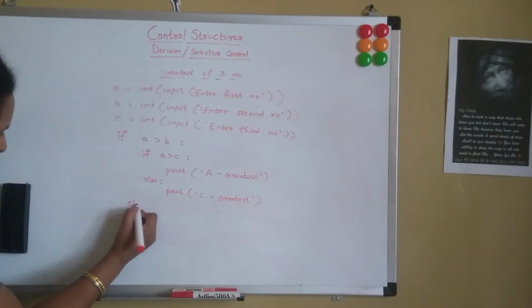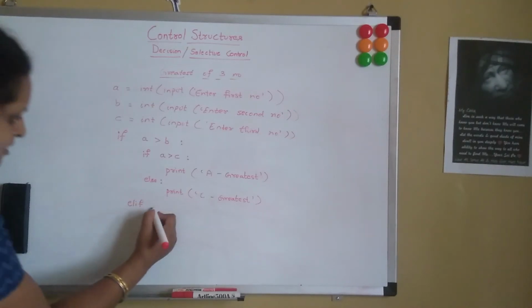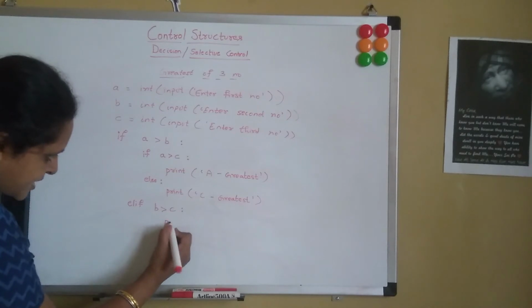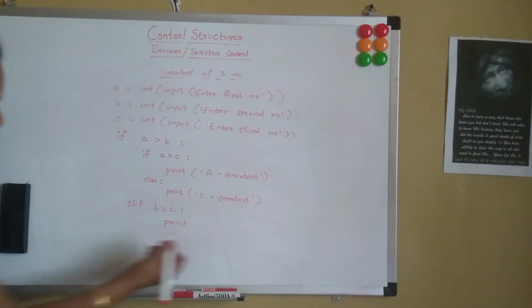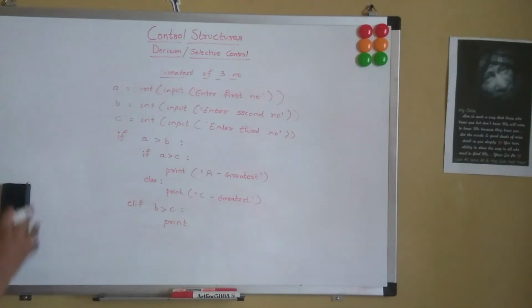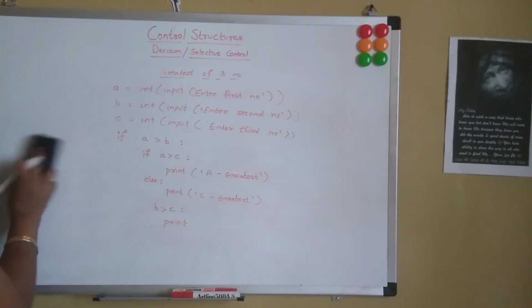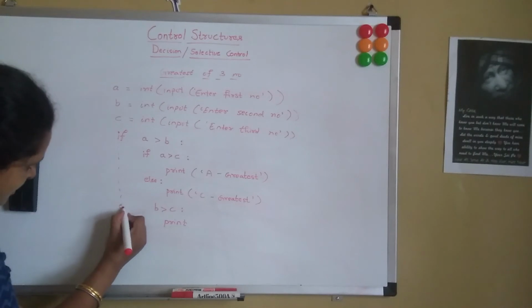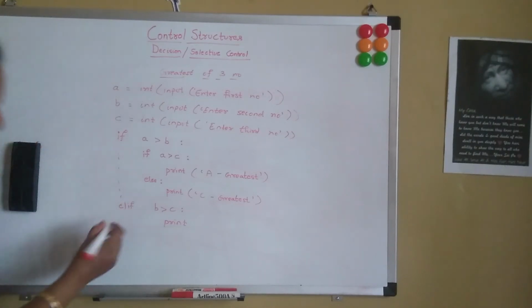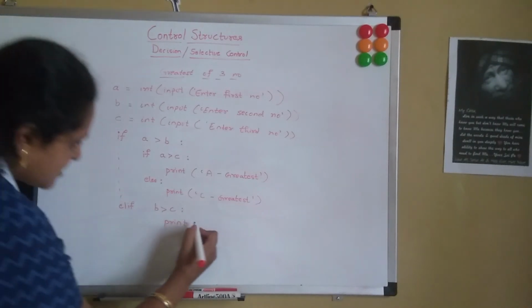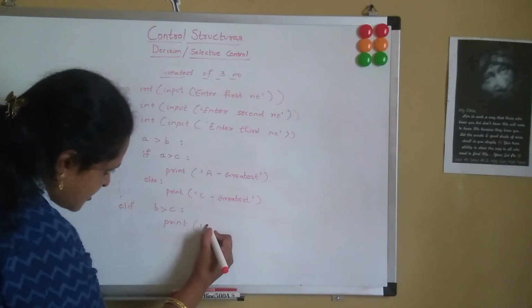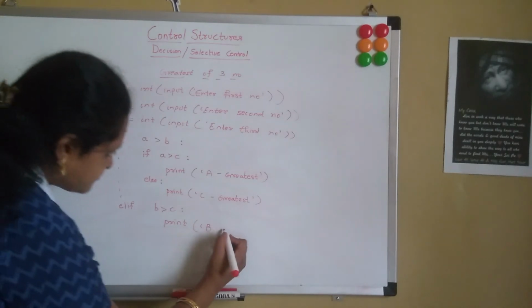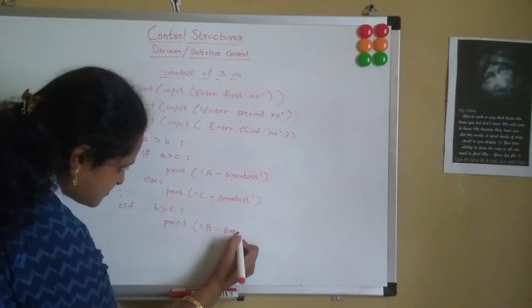Elif b greater than c, print. This elif should point at the same position as the if statement. Elif b greater than c, print b greatest.